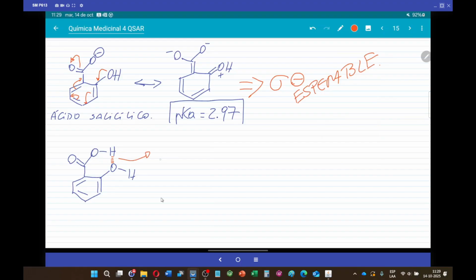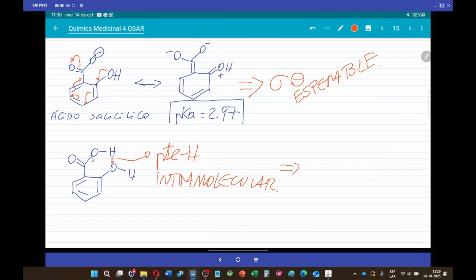Very well then. What is happening there? We have an intramolecular hydrogen bridge, and it increases the acidity of the carboxylic group. It increases it because that oxygen is pulling the proton, favoring it to come out at some point.